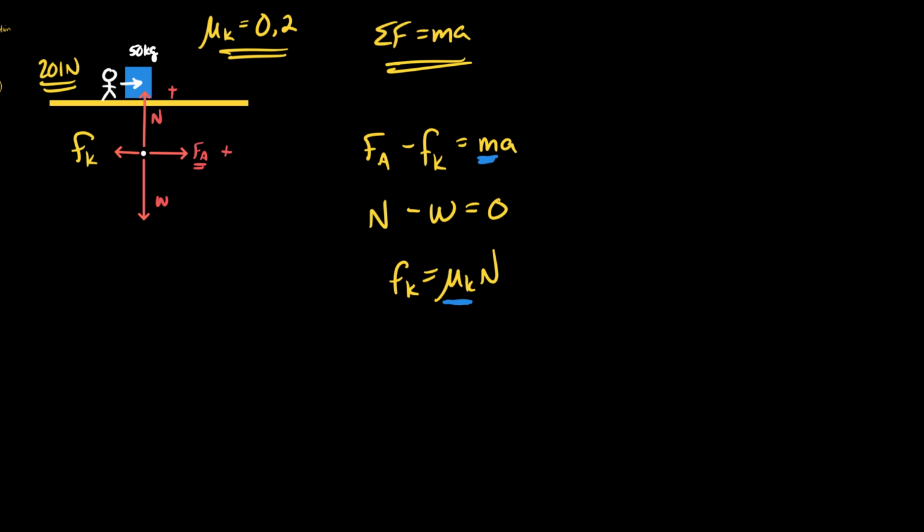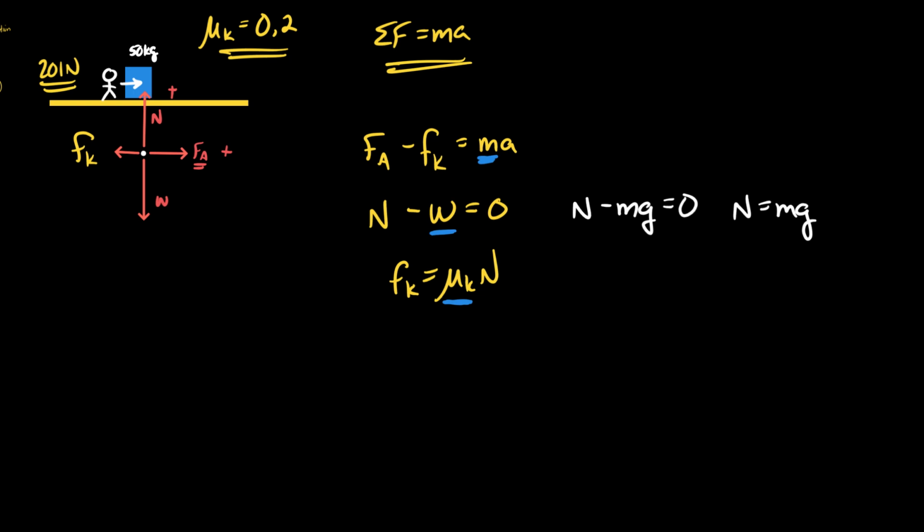And from the previous problem, I'm pretty sure I'm going to get this number too, right? So I have some things, but we've got to do some work to get it all together. For example, I could start by saying, well, normal minus mg equals 0. I can substitute, right? Whenever we see weight, we can put mg in there, which means normal equals mg.